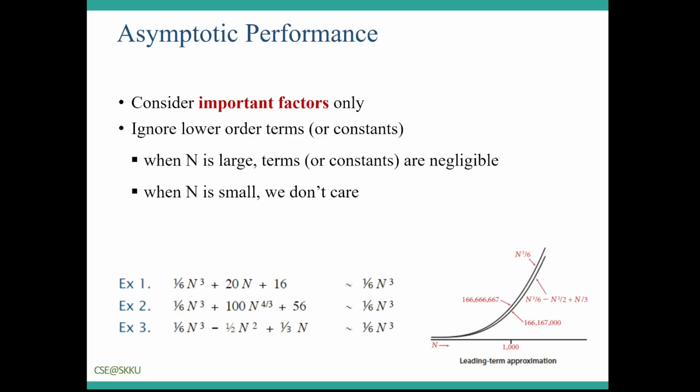And also we can find another constant c1 and n0 to satisfy that n squared multiply c1 is less than or equal to this expression.